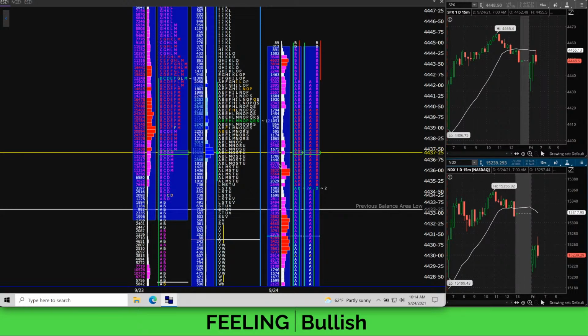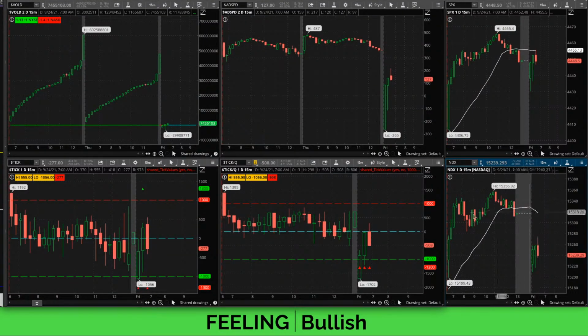Okay, so we're finding some support. Yeah, that tick was kind of scary, that big red tick, but they're still trending higher on the ticks.